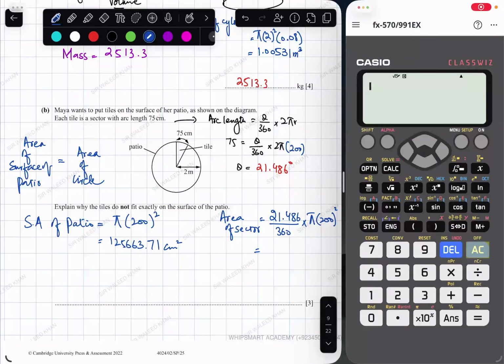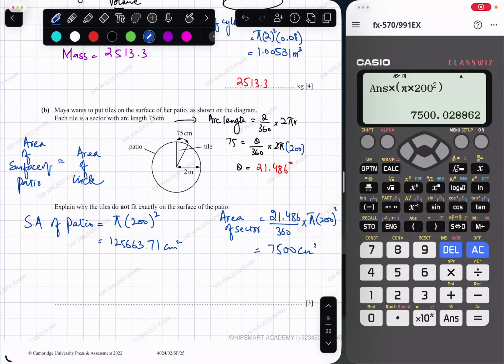So this should be 21.486 divided by 360 times pi times 200 square. So we have 7,500 centimeters square.